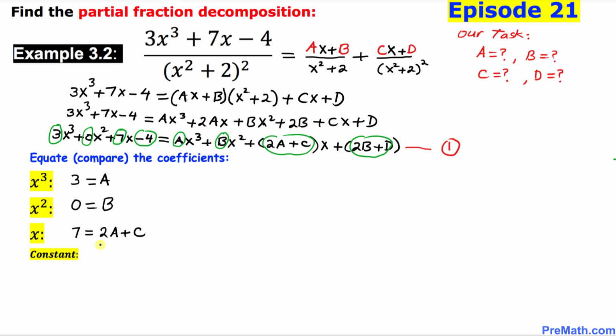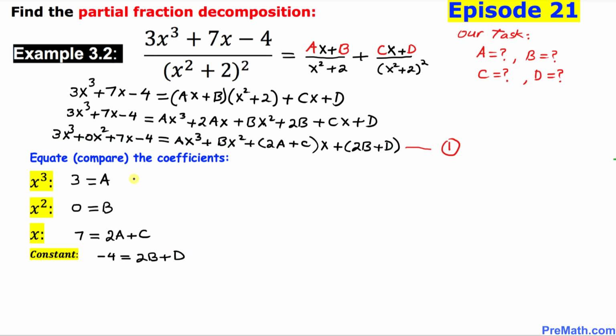Let's go ahead and equate them as well. So we got -4 equals 2b plus d.